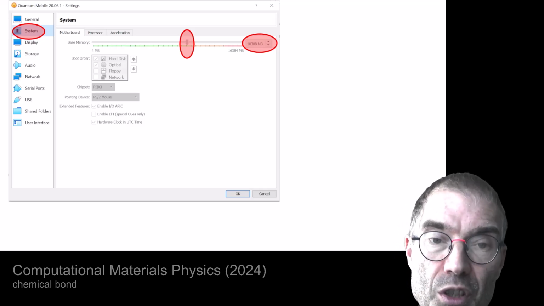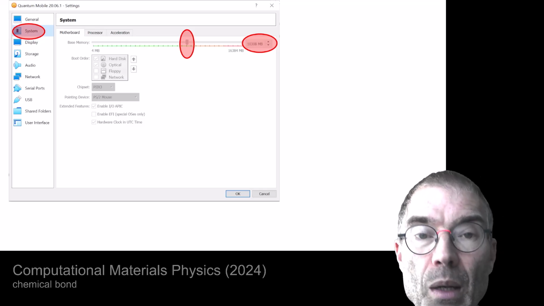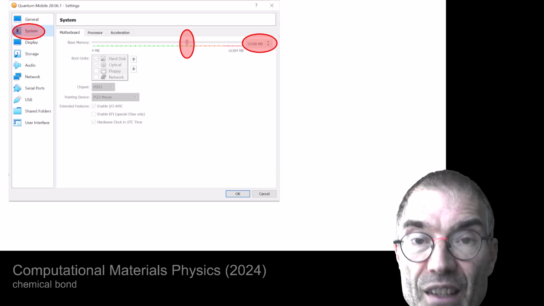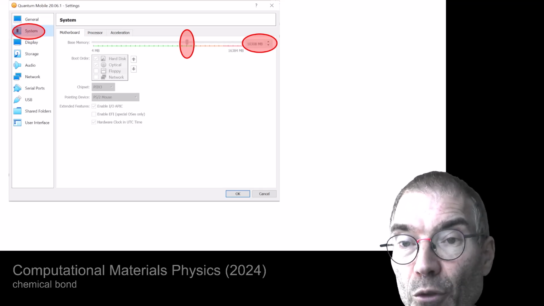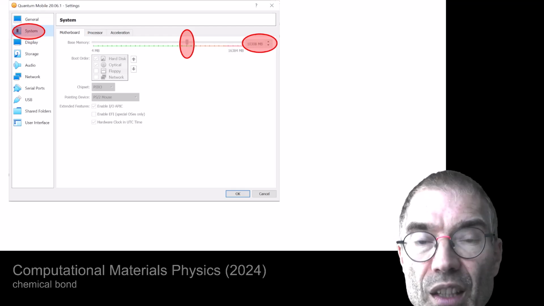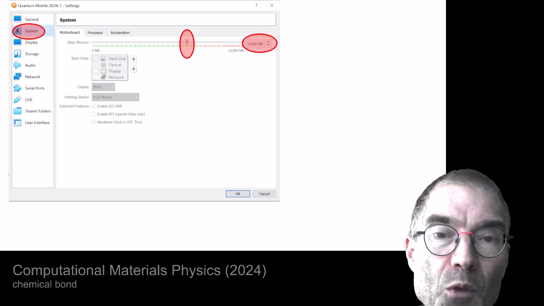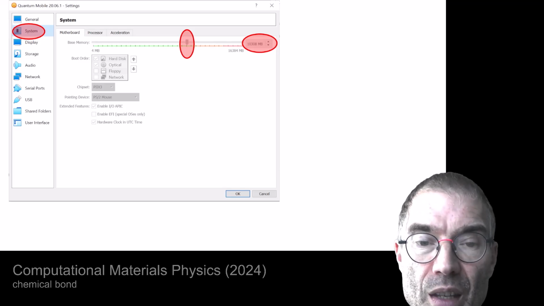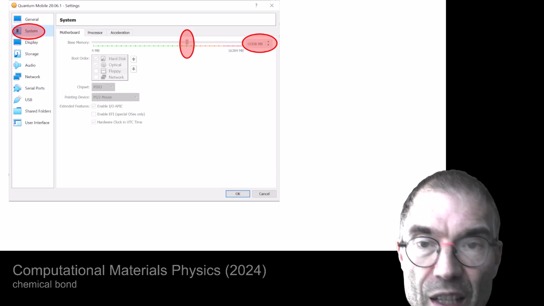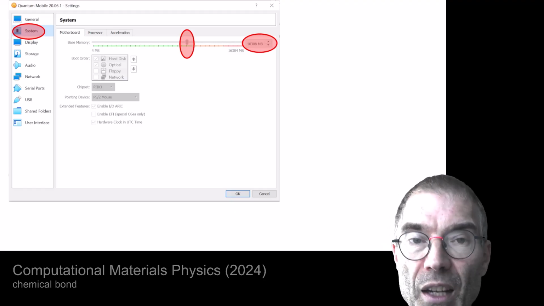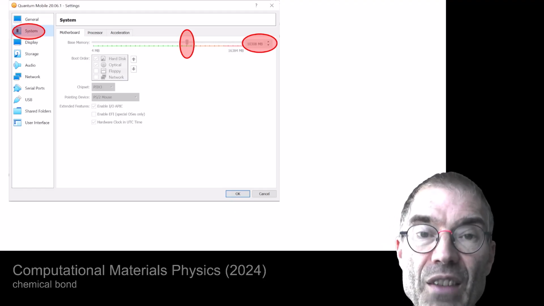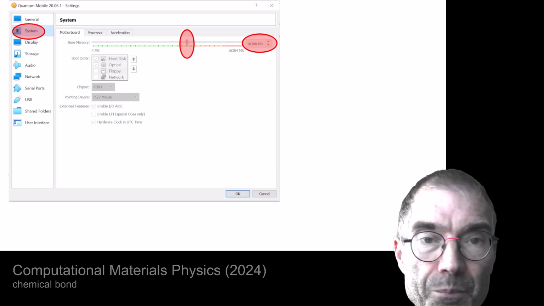That can of course never be larger than the amount of memory that your laptop physically has, but by default this is at a rather small value, so probably you will have some room to increase that value. And once that is done, you start Quantum Mobile again, and now your case can use more memory.